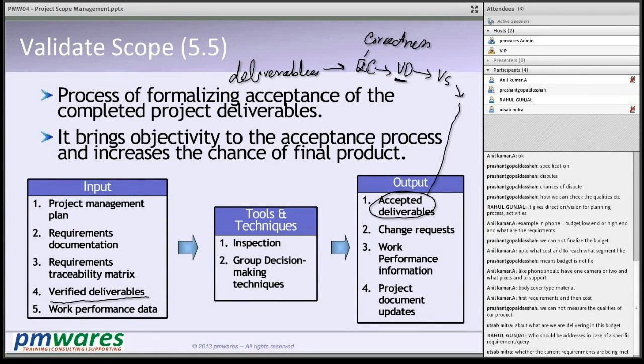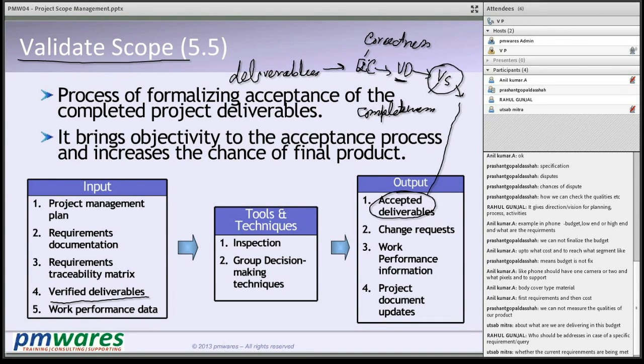Then it goes as an input to validate scope, which checks for completeness. So correctness is checked in quality control and completeness in validate scope. Whether what is produced is correct is in quality control; whether what is required is produced is part of validate scope.